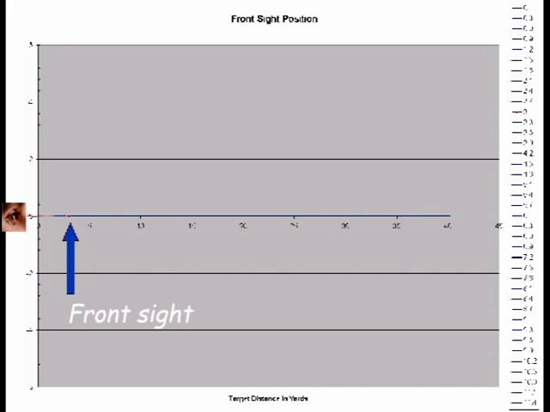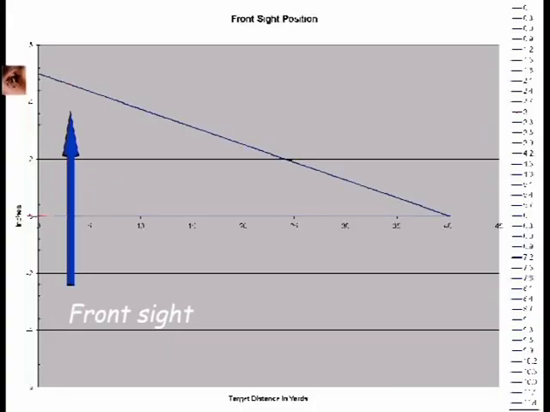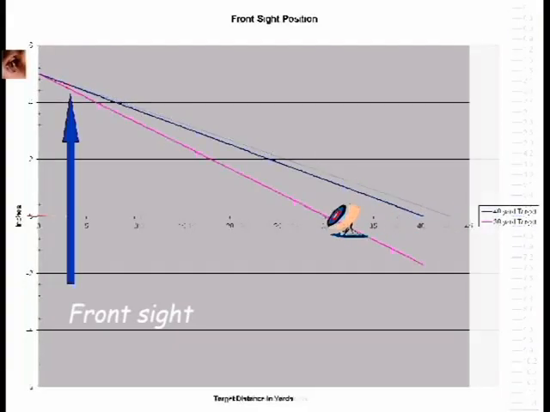We'll keep the same bow with infinite speed and continue to discount drag and gravity, but now let's configure the bow more realistically. Let's place the shooter's eye about 5 inches above the arrow. We'll start with the target at 40 yards. Notice the position of the front sight. As we move the target into 30 yards, notice we must move the front sight slightly lower.